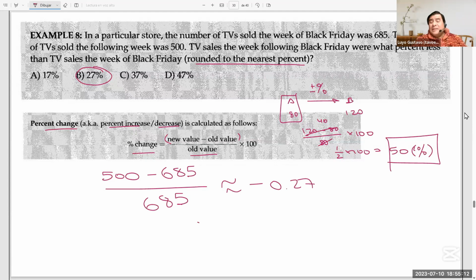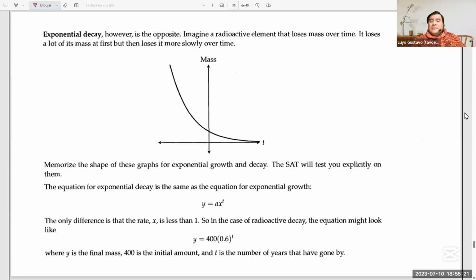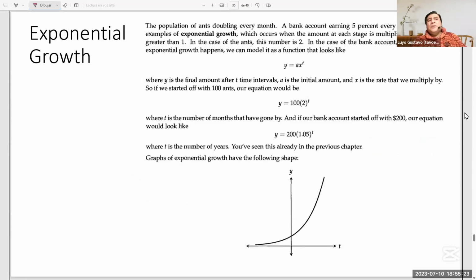It's just a presentation of a concept that you will see. It's exponential growth. What is exponential growth? Exponential growth is a situation where, for example, like in compound interest, some quantity is increased multiplying by a factor every period of time.